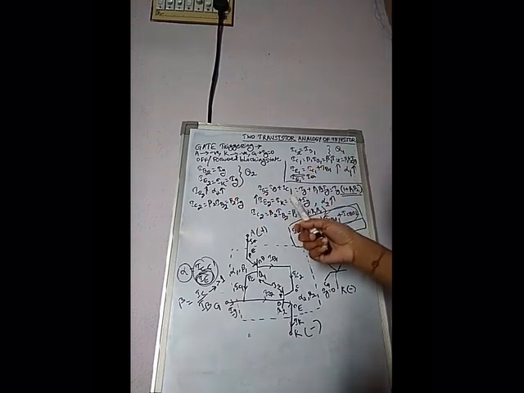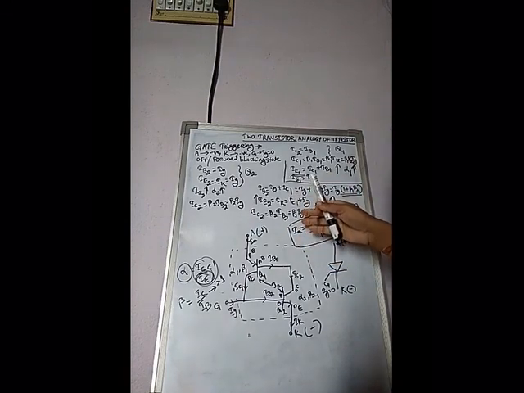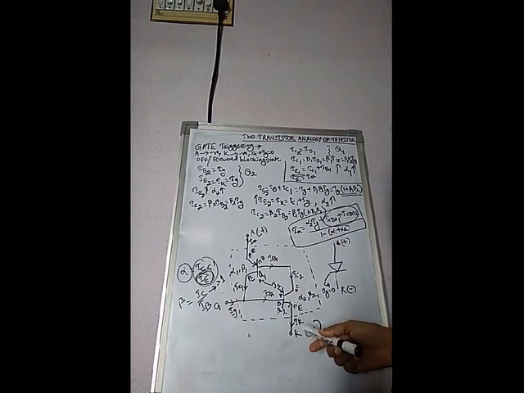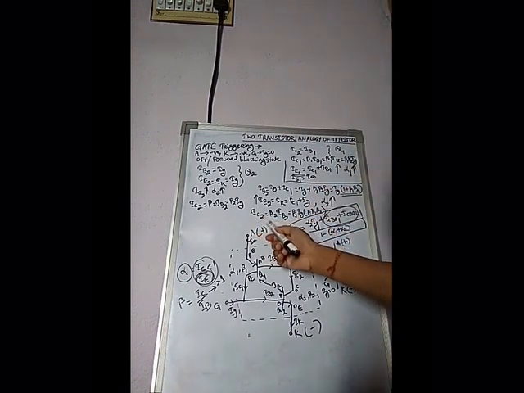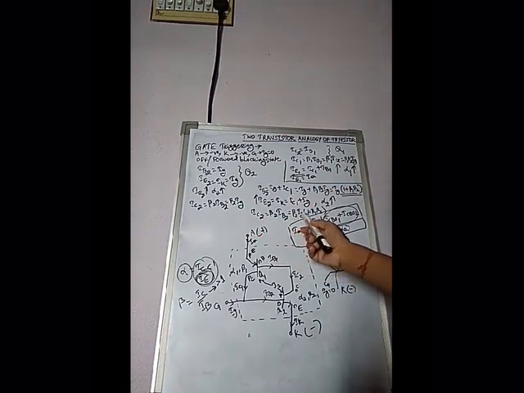Then there is a rise in emitter current. After this rise in emitter current for Q2, alpha 2 of Q2 increases, and this further causes IC2 equal to beta 2 into Ig into 1 plus beta 1 into beta 2.